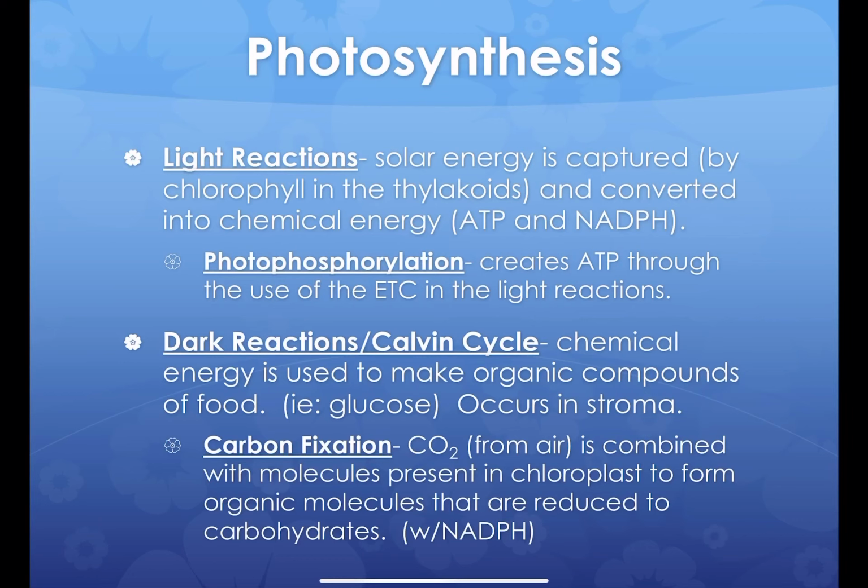Okay, so the light reactions, just to walk back through: solar energy is captured by the chlorophyll. Remember, that's the pigment in the thylakoids, and it is converted into chemical energy, namely ATP and NADPH. Now, in cellular respiration, we had processes known as substrate level phosphorylation and oxidative phosphorylation.